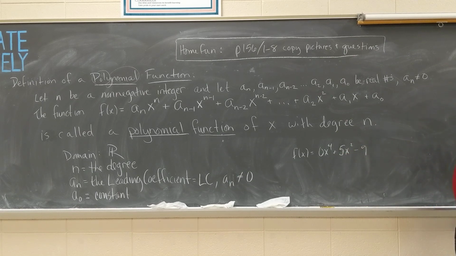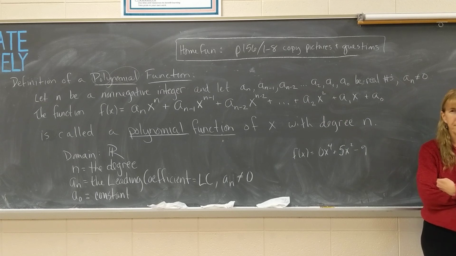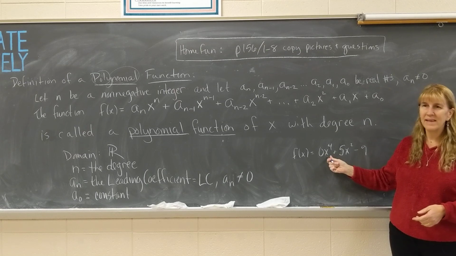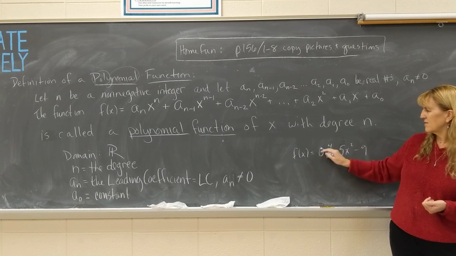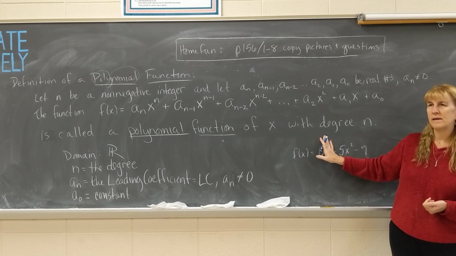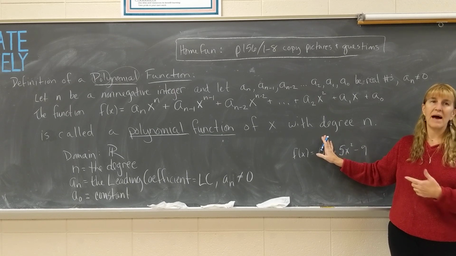What is the degree of that polynomial function? 4. People want to say 4, and it's not really fair, right? Because couldn't I put a 0 in front of any x with a different exponent? So isn't this really gone? So the highest degree on that x that matters is that 2.